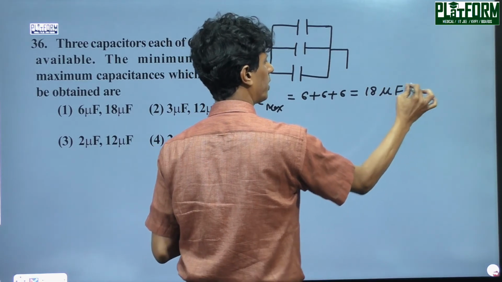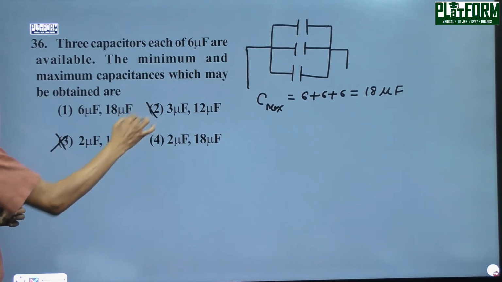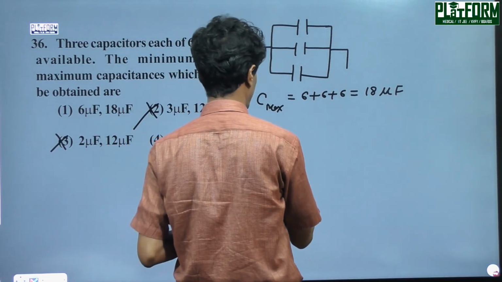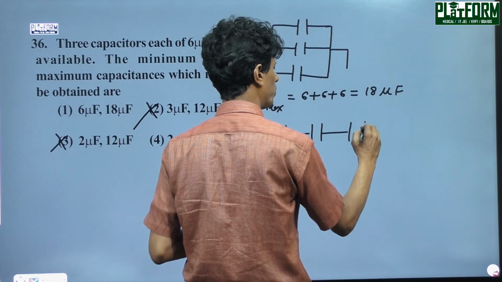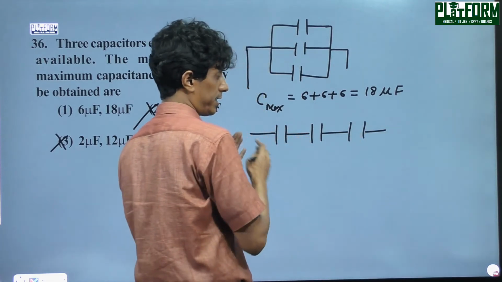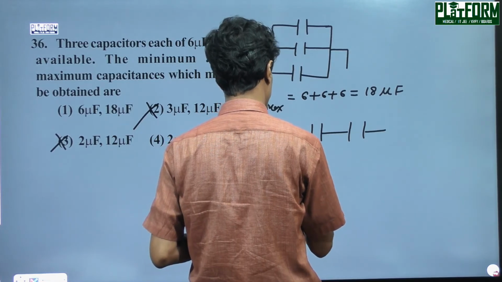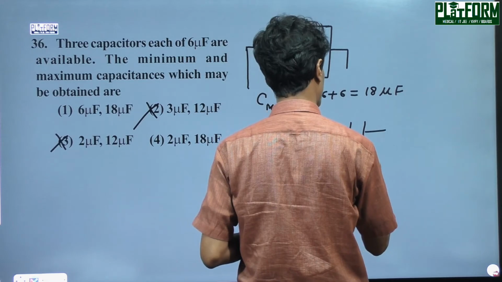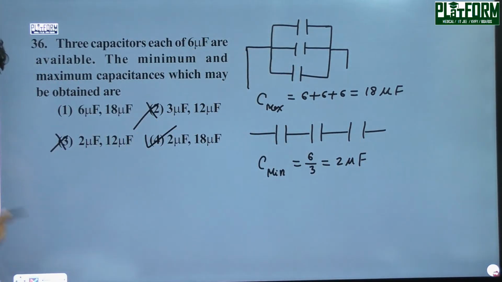It is simple. So option 3 and option 2 are not the right option here. And for C minimum, when the capacitors are connected in series combination, C minimum is 6 by 3, and it is 2 microfarad. So it's a very simple question. Right option is 4.